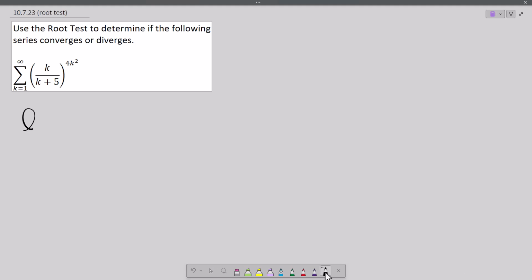So the root test says, let's take the limit as k goes to infinity of the kth root of the absolute value of a sub k. We're just going to put the a sub k in here, and if we had a switch, we would turn it off because we're taking the absolute value.